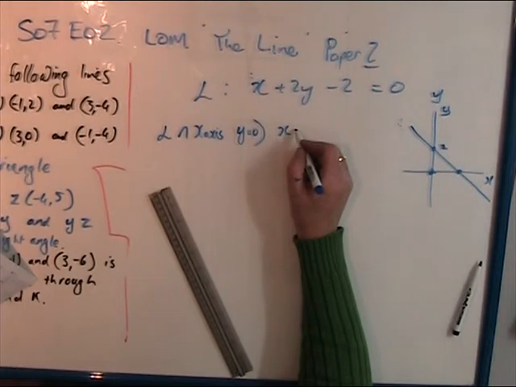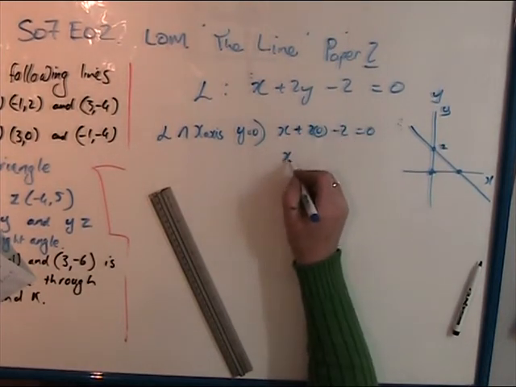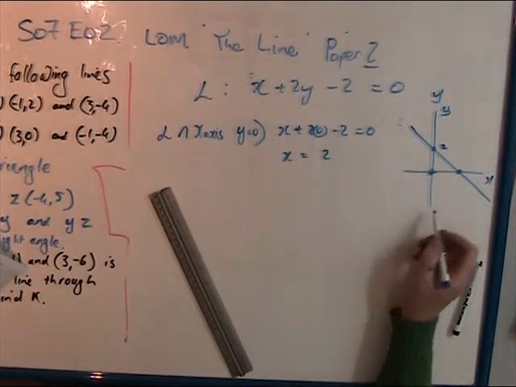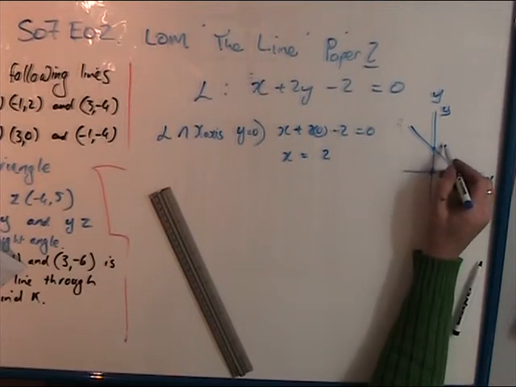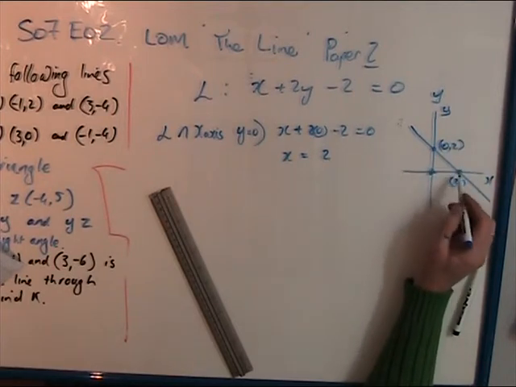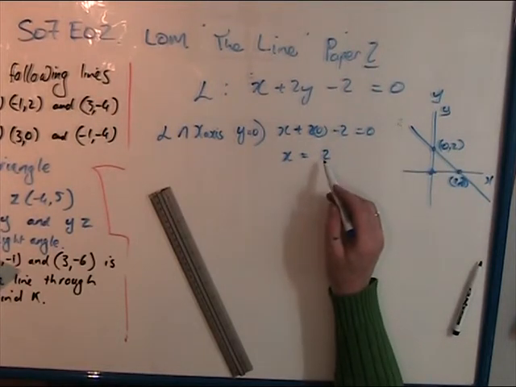So you go x plus 2 times 0 minus 2 is equal to 0, x is equal to 2. So that's the point (2, 0). And this is the point (0, 2). Now it doesn't necessarily always go this way, (2, 0), (0, 2). It just so happens that this equation has thrown that out.